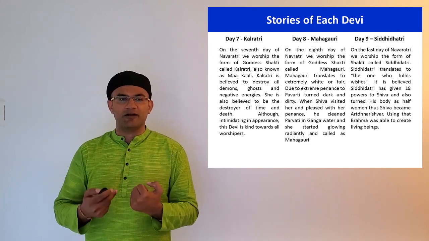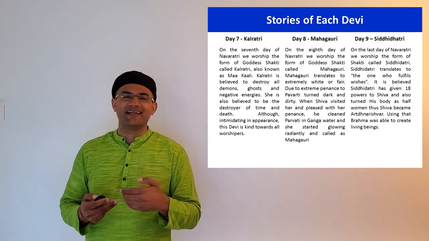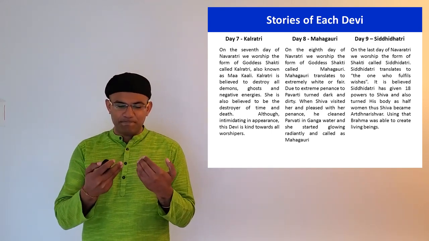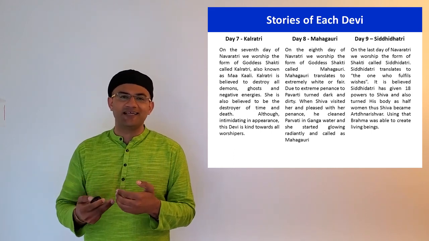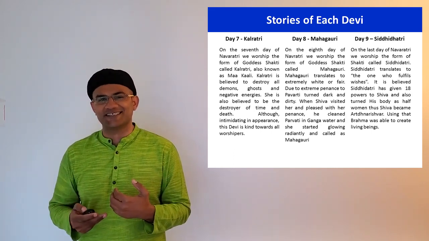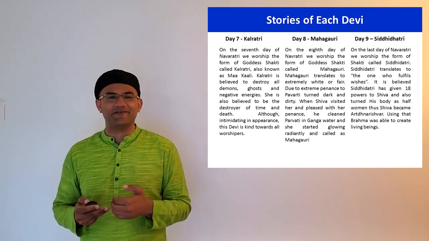But despite all that, this Devi is very kind to her worshippers. Those who worship Kali, she fulfills all their wishes. And this is the legend of Kalaratri, day 7.